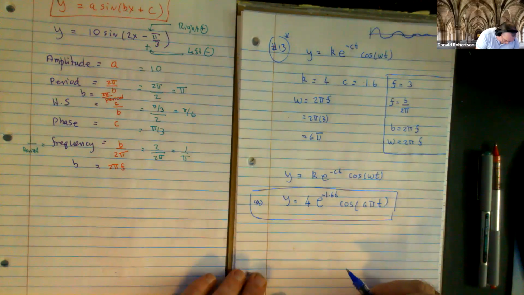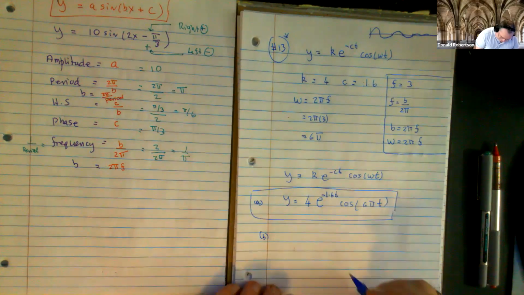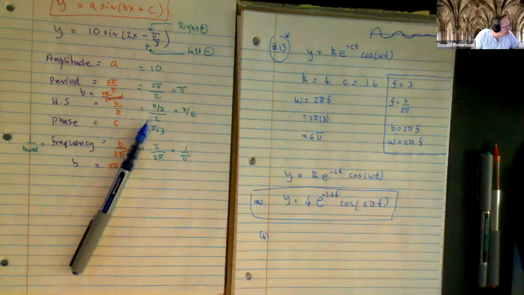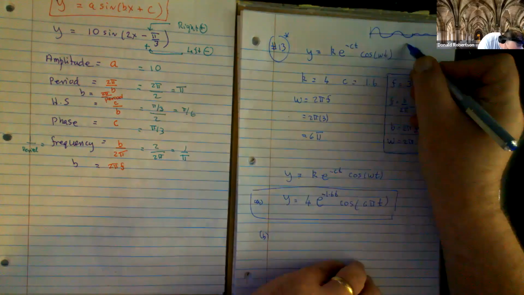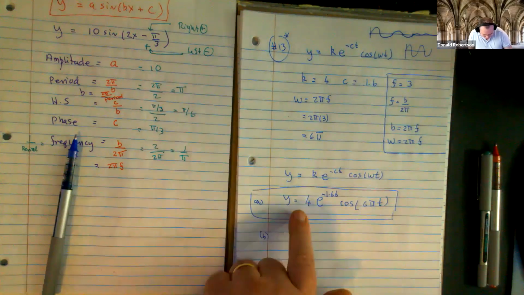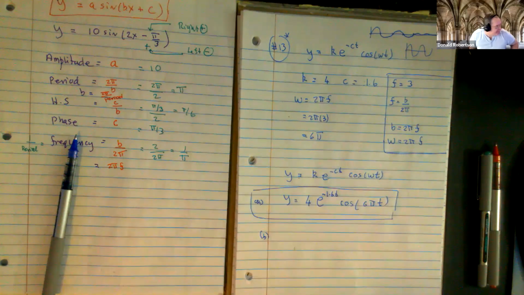And in part B, they ask you to graph it. And it's going to look like that, but 2 of the pictures look like that, and the other 2 look like that, in which case don't pick them. But the easiest thing is just to put that into Desmos and look at the picture.